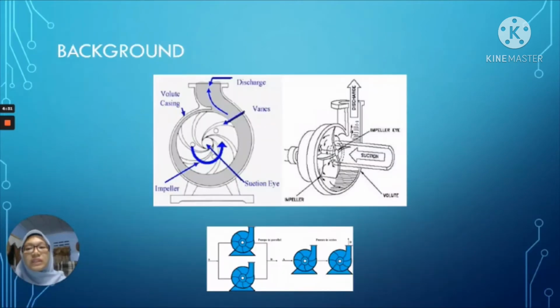Firstly, as for the background, a pump is a tool that converts kinetic velocity of a fluid into head or pressure. The fluid will enter the eye of the pump, and then we have a rotating impeller that puts some kinetic speed into the fluid.